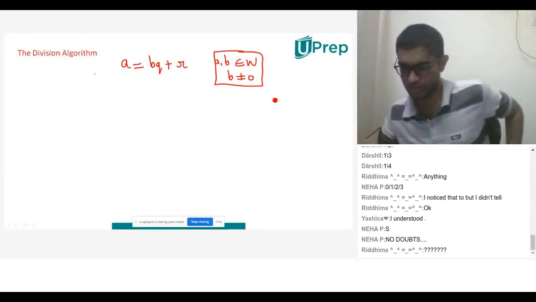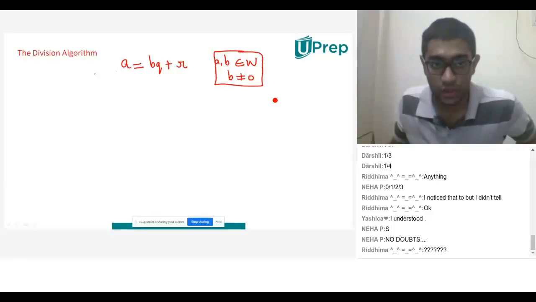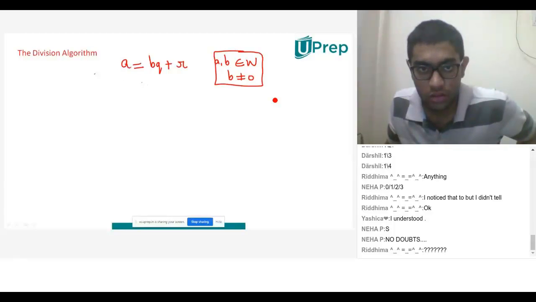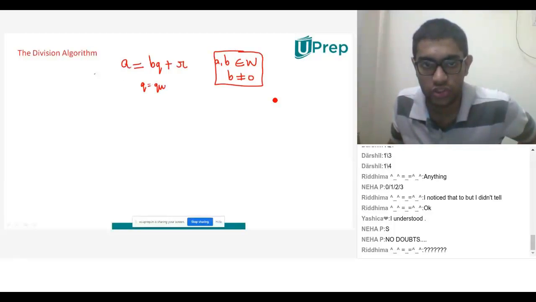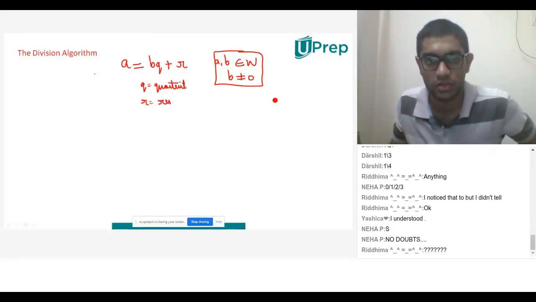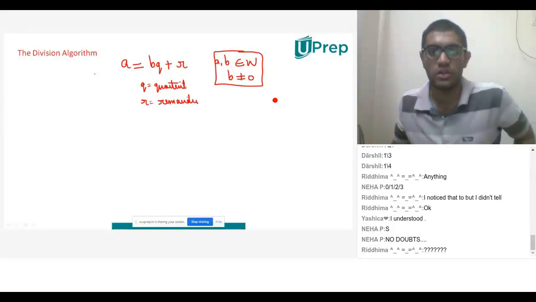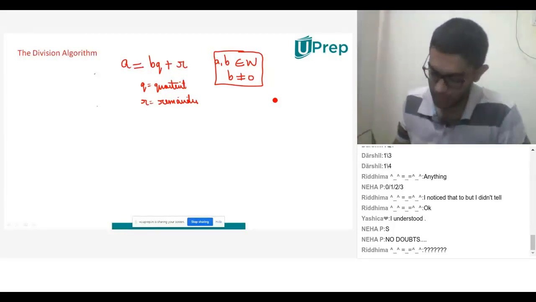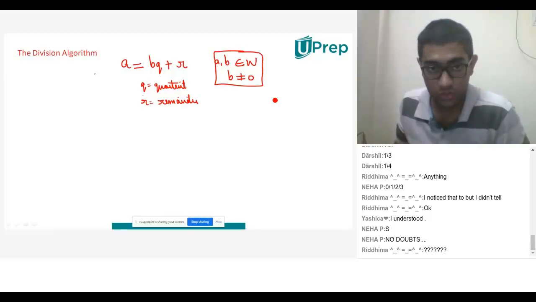Don't bother too much about it. Now, Q is nothing else but the quotient. R is nothing else but the remainder. And now, say A is equal to 21.